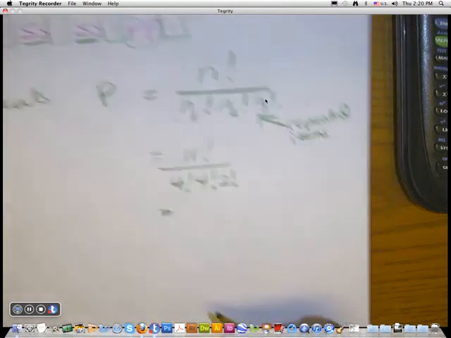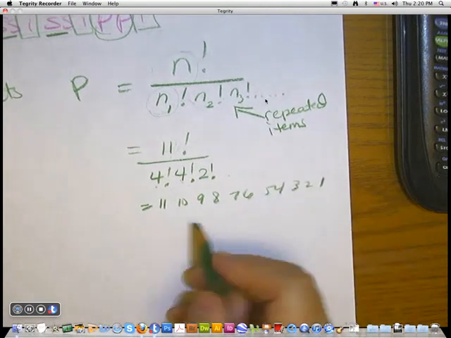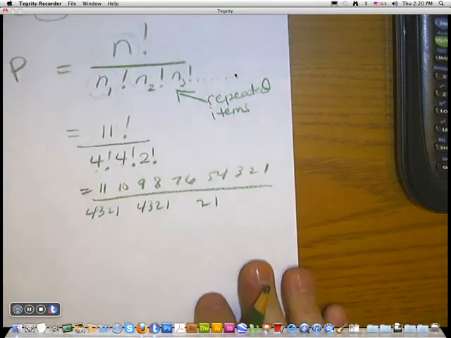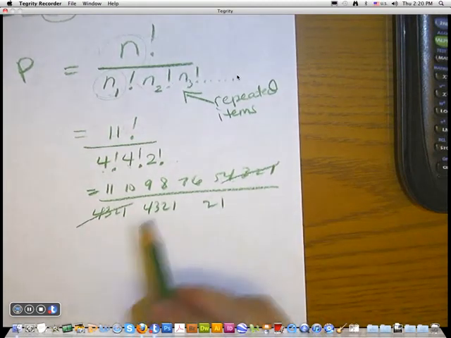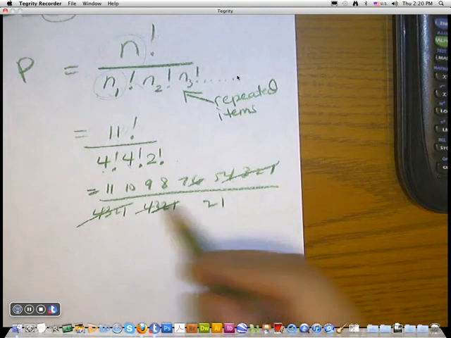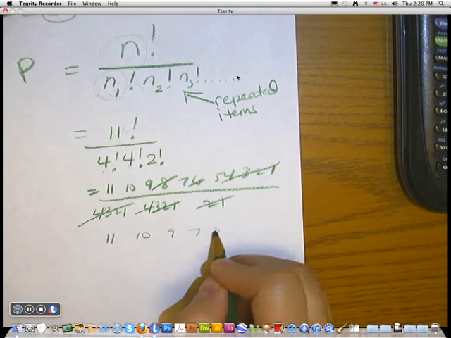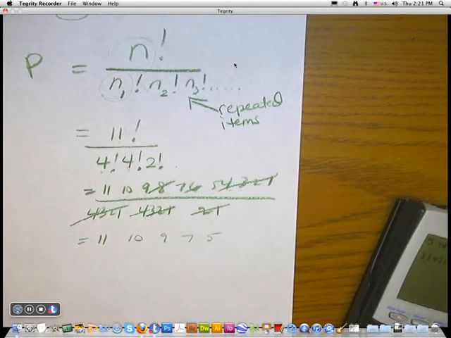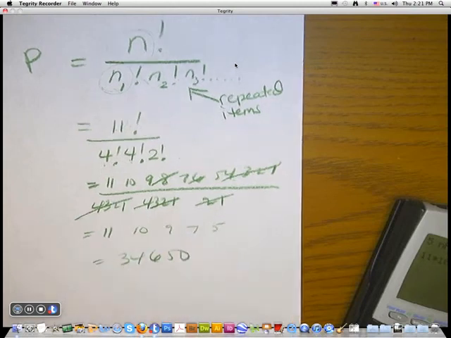And then, again, you can use your calculator. You're welcome to do it by hand. 11, 10, 9, 8, 7, 6, 5, 4, 3, 2, 1, knowing this is 4, 3, 2, 1 times 4, 3, 2, 1 times 2, 1. By hand, I get to reduce 4, 3, 2, 1 out. Let's see. I could reduce 3, 2, 1 and get 6 out. And 4 and 2, 1 would take 8 out, leaving 11, 10, 9, 7, and 5, which is 34,650.